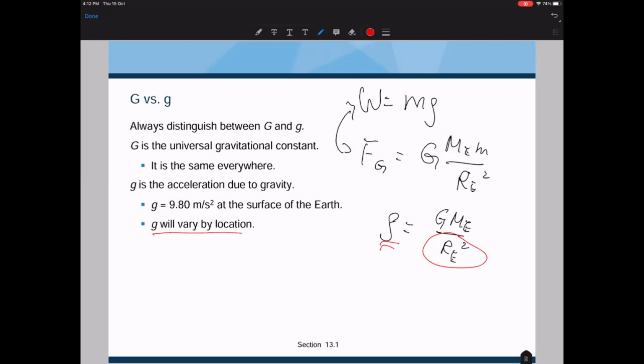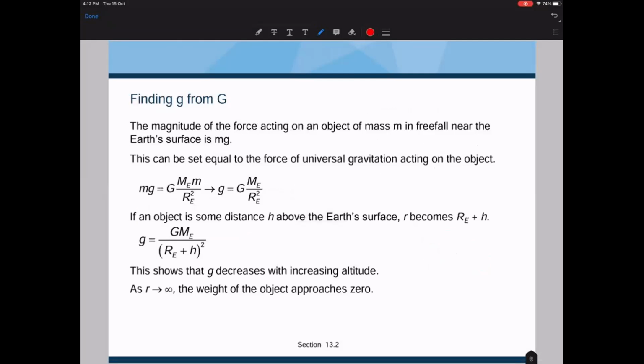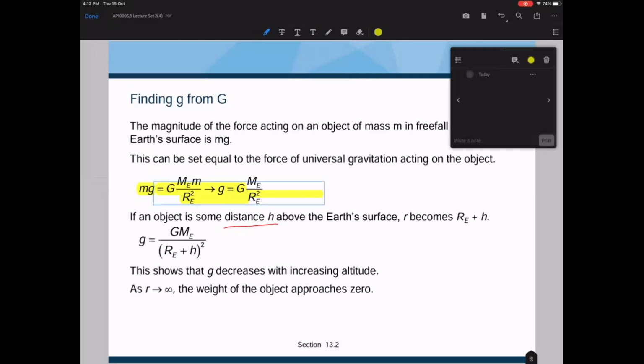Typically, at sea level, it is 9.81, but it could actually vary according to the distance h above the Earth's surface. So if you are right at the Earth's surface, then mg would be equal to Newton's law of universal gravitation, and g is calculated from what we have just discussed.